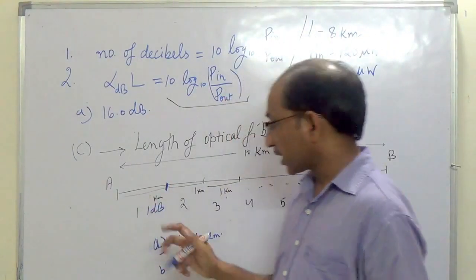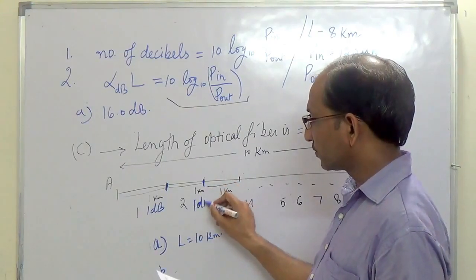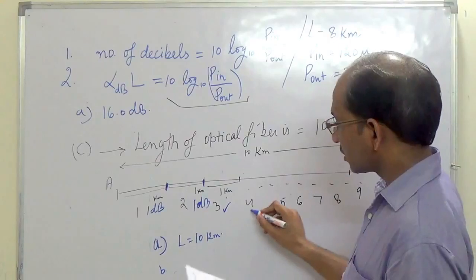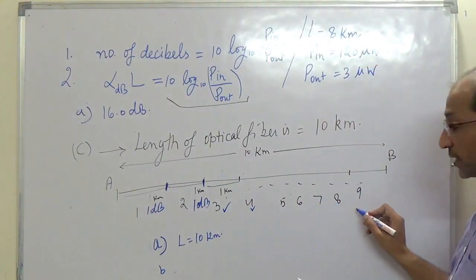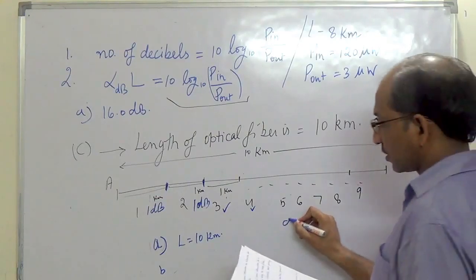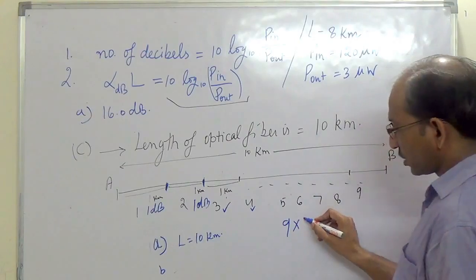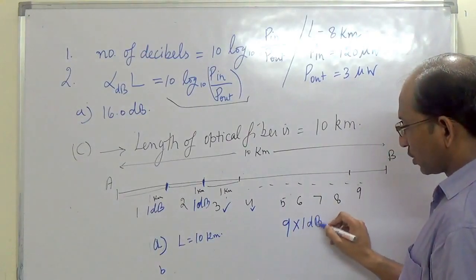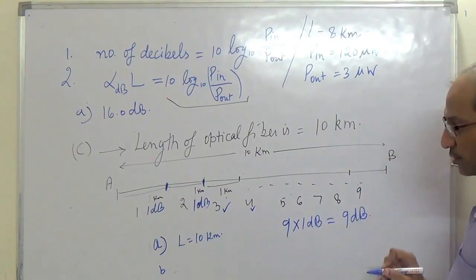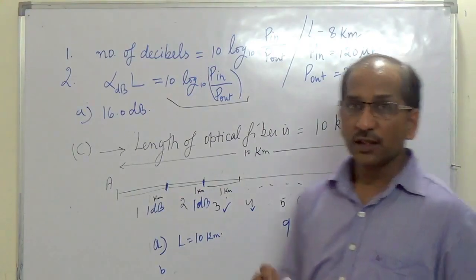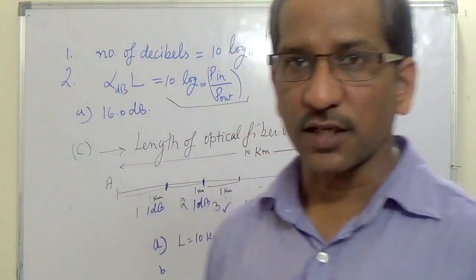So for each connector 1 decibel, here 1 decibel, for the third 1 decibel, for the fourth 1 decibel, 5, 6, 7, 8 and 9. So there are 9 connectors, and each connector basically loses 1 decibel. So total loss is equal to 9 decibels. This is the second part of this section.